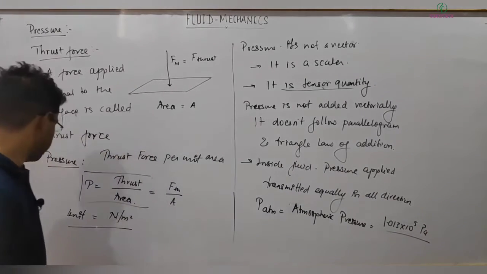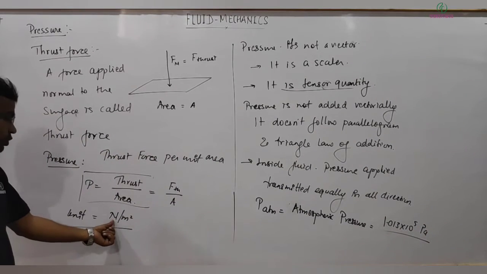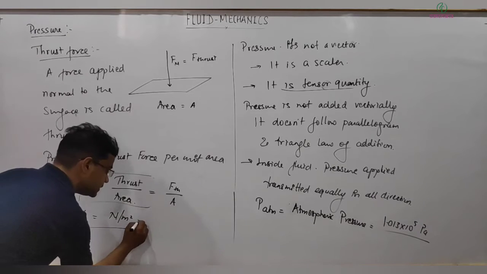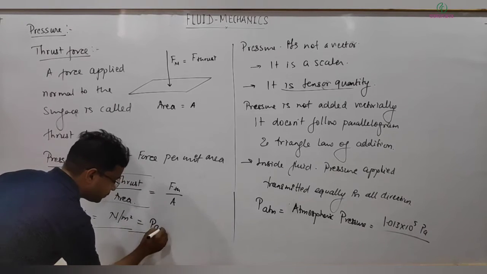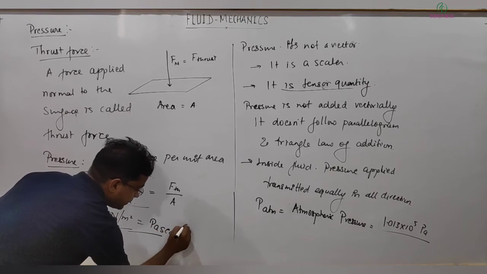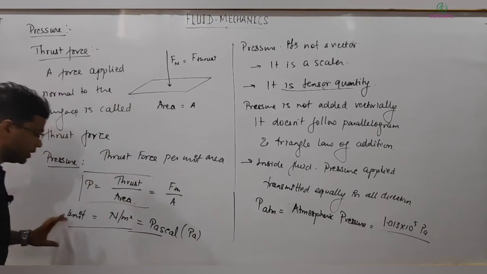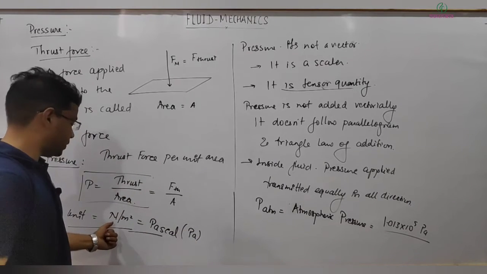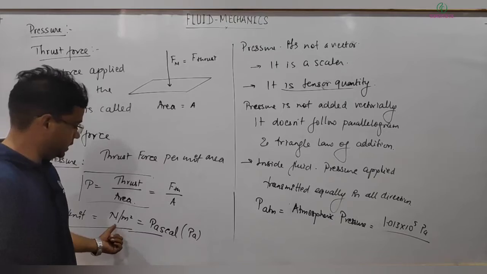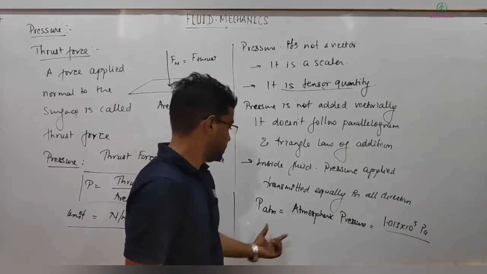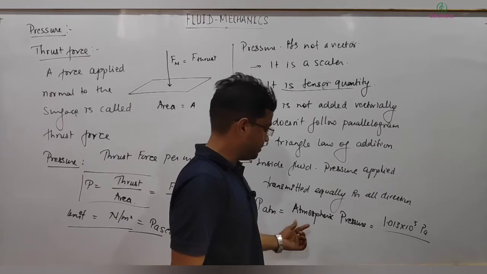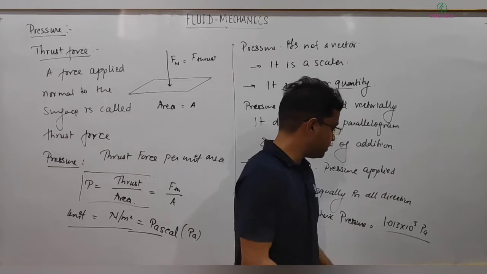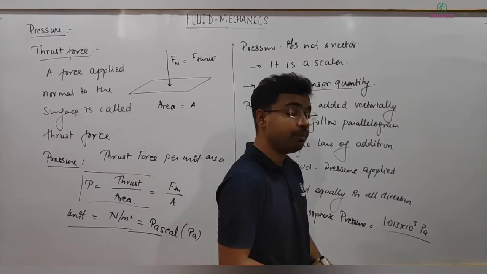I was talking about its unit. The unit is Newton per meter square, and this is also called 1 Pascal, denoted by Pa. So 1 Pascal means 1 Newton per meter square. So P atm, or atmospheric pressure, is equal to 1.013 into 10 to the power 5 Pascal.